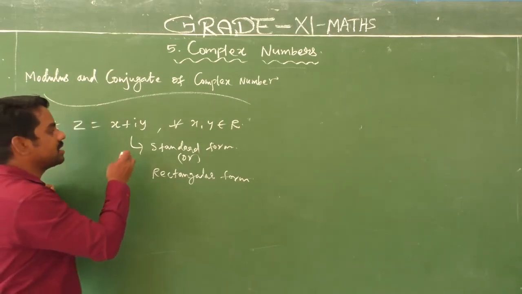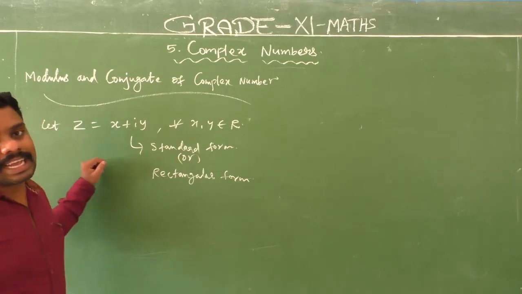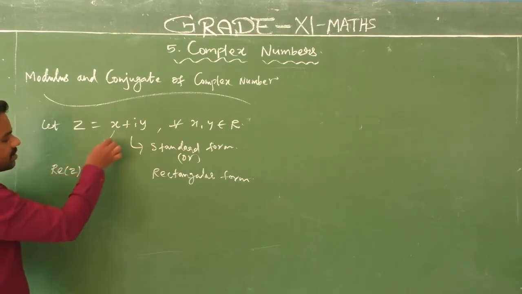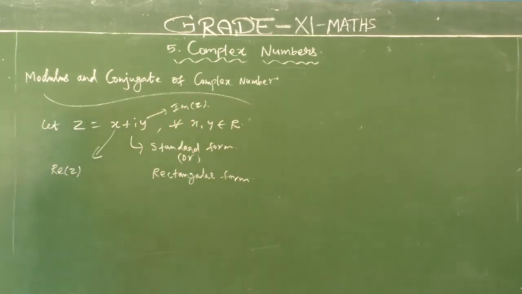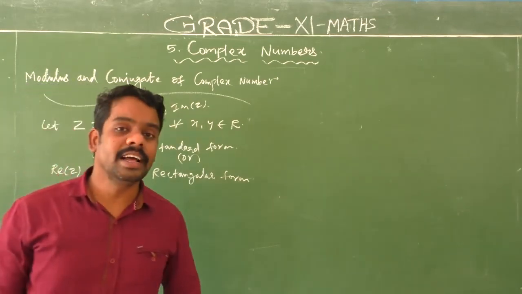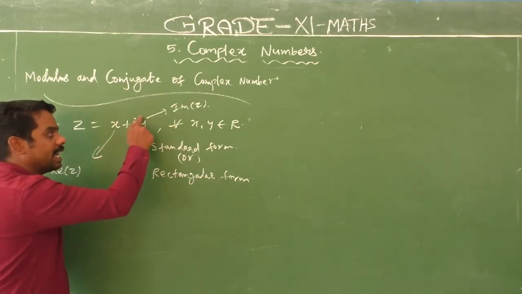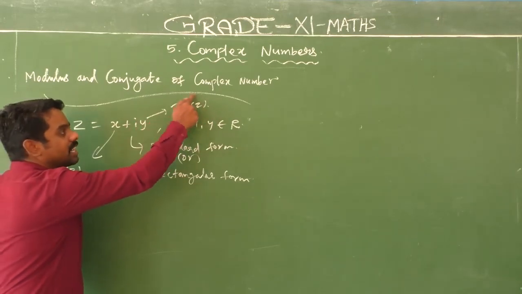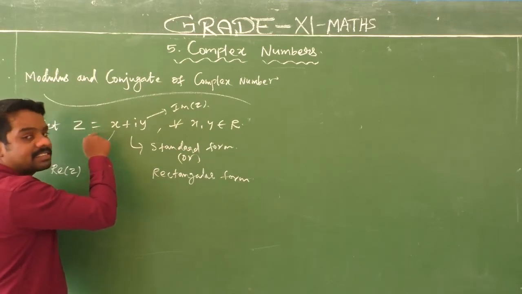What does standard form mean? Standard form is real part plus i into imaginary part. Here x is the real part of z and y is the imaginary part of z. The y is the imaginary part of this complex number.